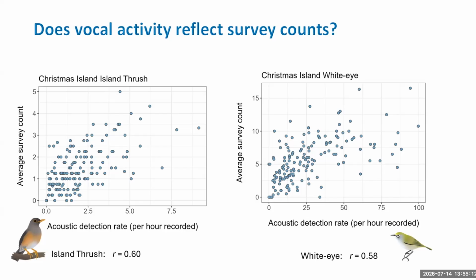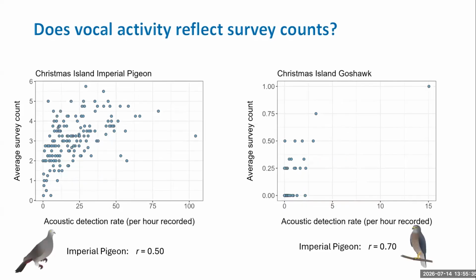I think it's important to point out that even though the correlations aren't perfect, the counts from point count surveys are not a true reflection of abundance either. They're an index of abundance as well. So here we can see that the acoustic detection rate as an index correlates well with survey counts as an index. I think I've got the other examples in there as well, showing that we can correlate the detection rate.